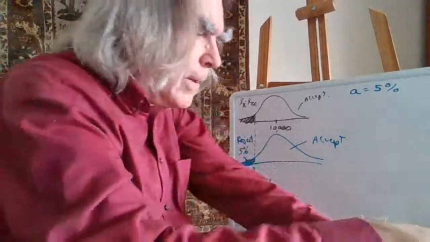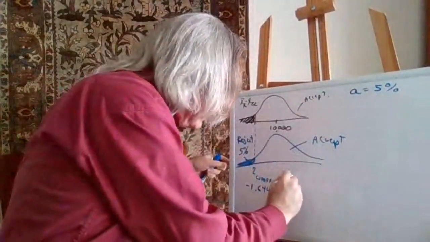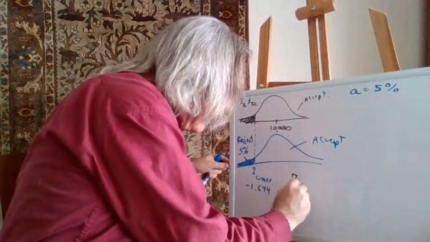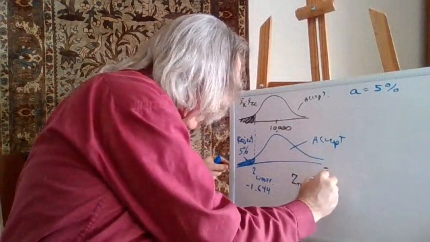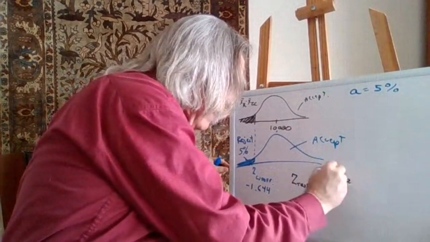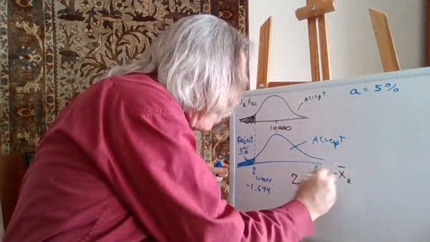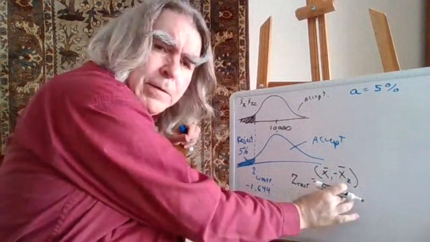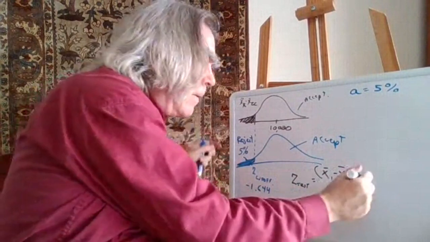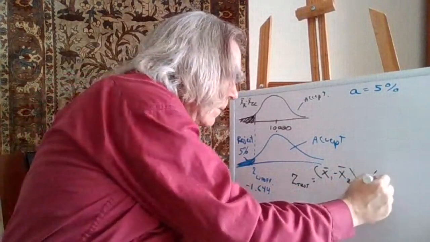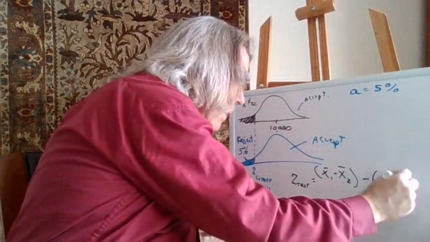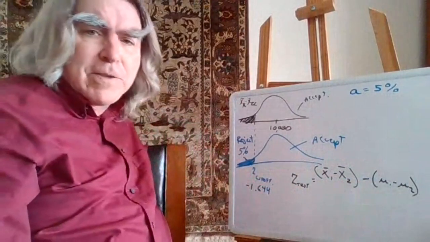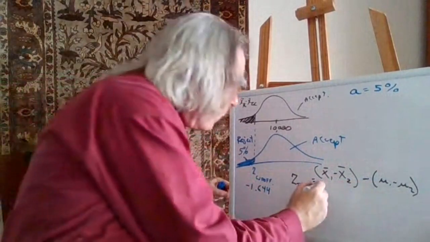And that test statistic formula was z-test equals x bar 1 minus x bar 2. This was the difference in our samples, minus mu1 minus mu2, what the null hypothesis said those differences should be.